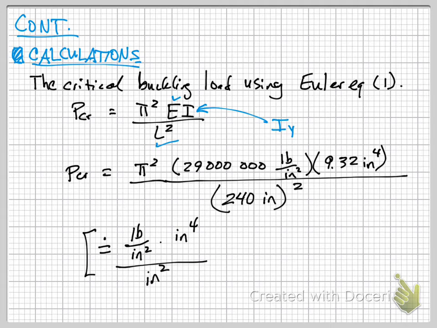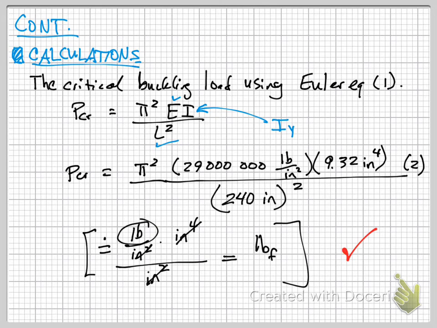Because of that, I know that I'm going to get pounds only, and that's exactly what we want because P critical needs to be a load. I'm going to go ahead and call this equation 2 up here, just so I can reference it in the future.